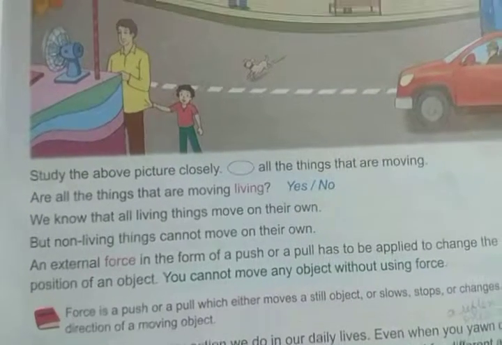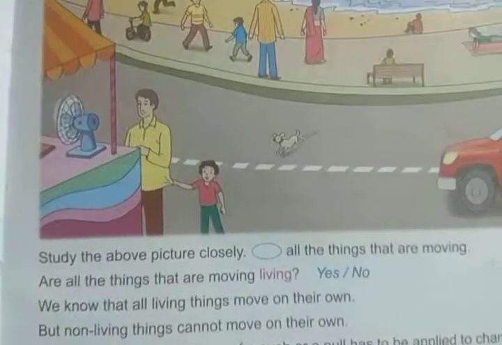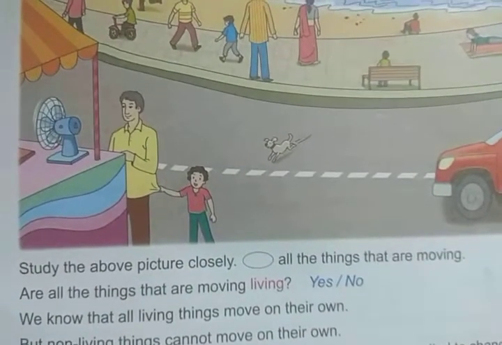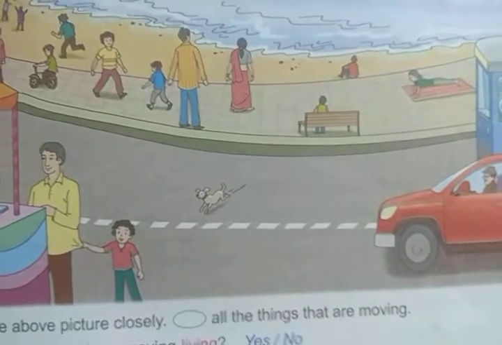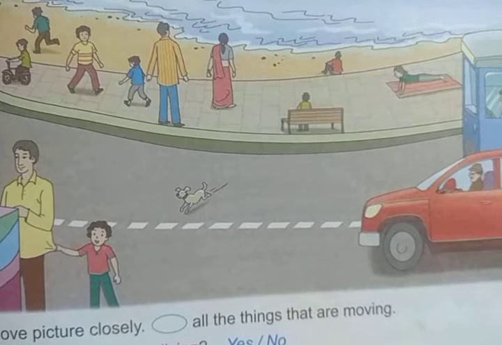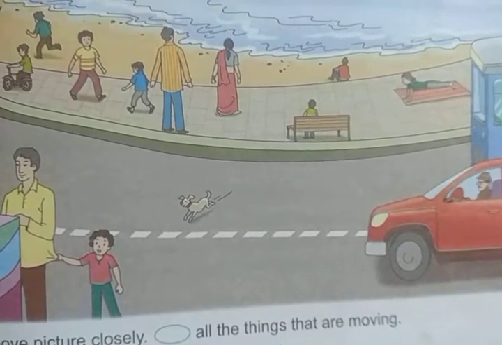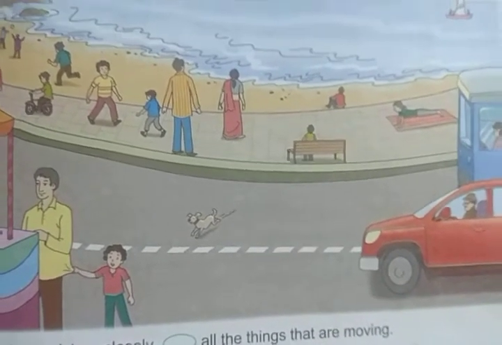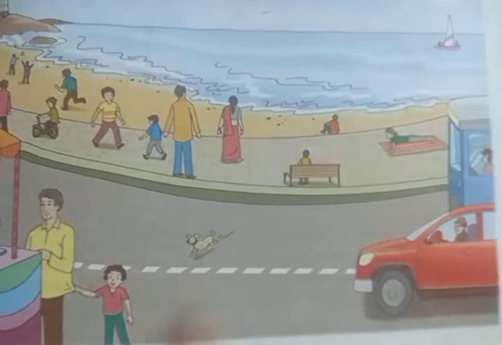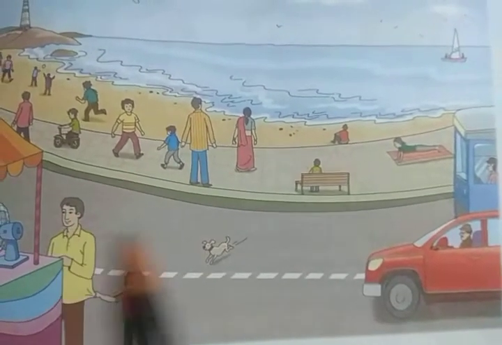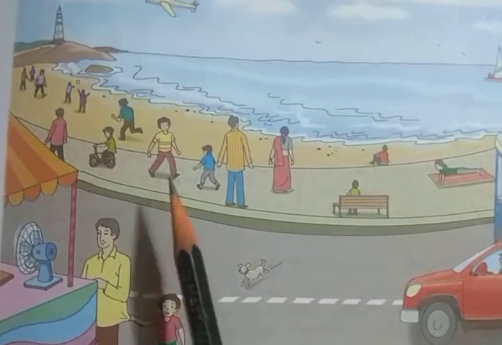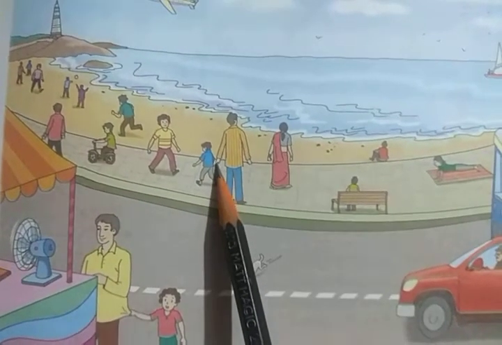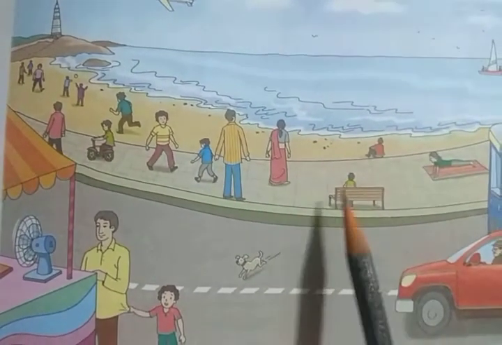So we can say force, in the form of a push or a pull, has to be applied to change the position of an object. You can see here. Study the above picture closely.